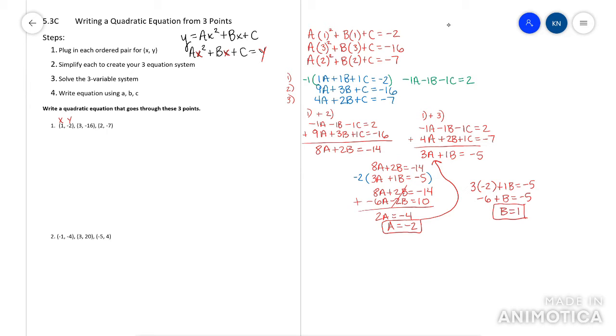And then when it's all said and done and you have a and b, I like to plug it into the easiest equation possible, which is this one right here. 1a plus 1b plus 1c equals -2. Just like that.